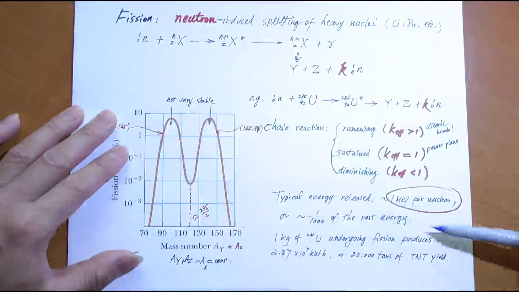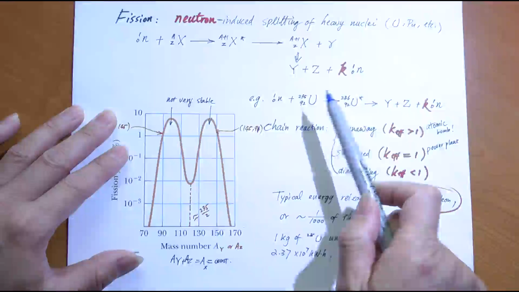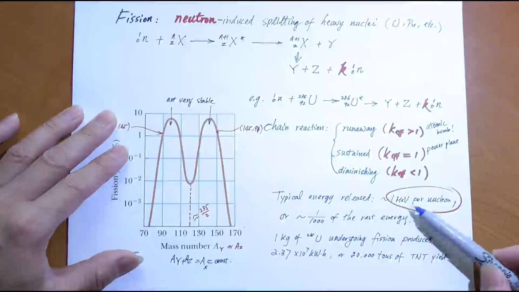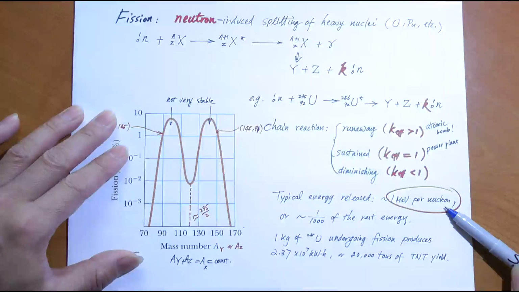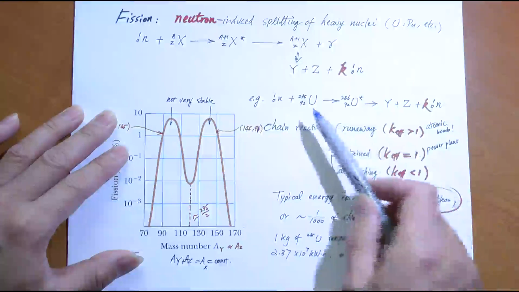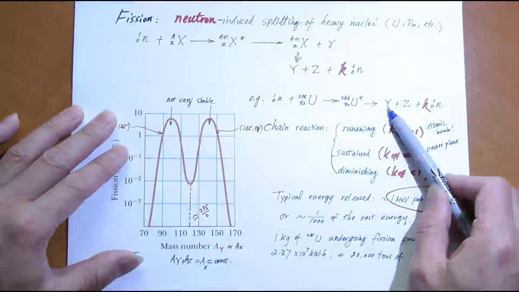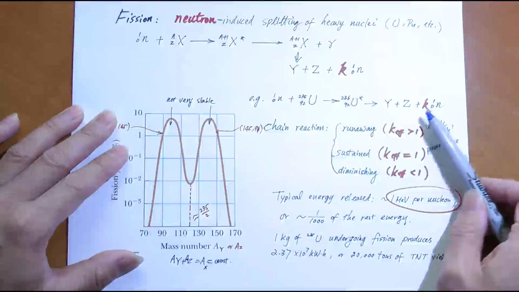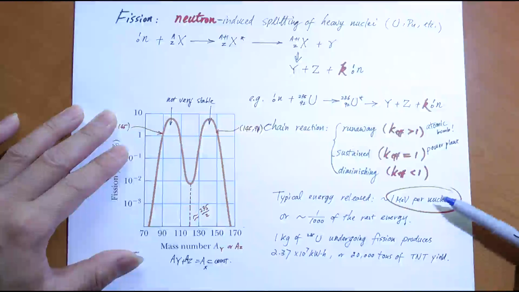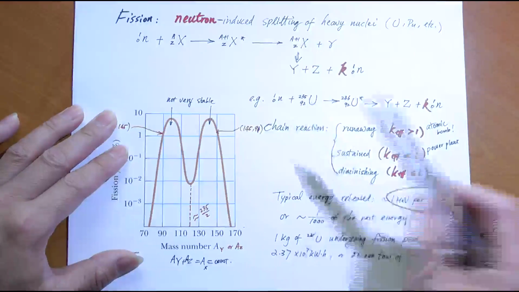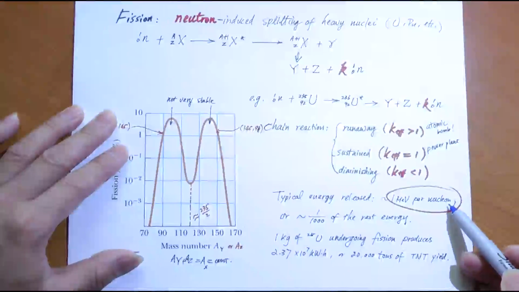The typical energy released in this process, when uranium undergoes fission, is about 1 MeV per nucleon. For typical uranium splitting, it depends on what Y is, what Z is, but on average, we're talking about 200 MeV of energy released. Now, this nucleus has 235 nucleons, so roughly speaking, it's about 1 MeV per nucleon.